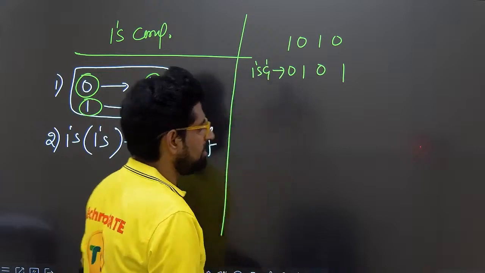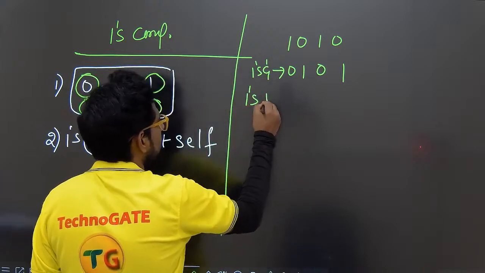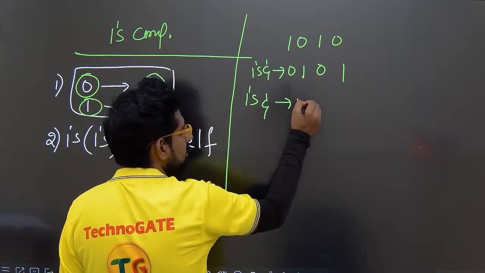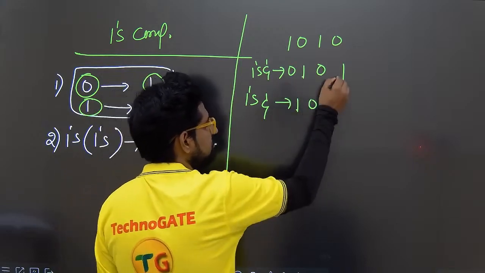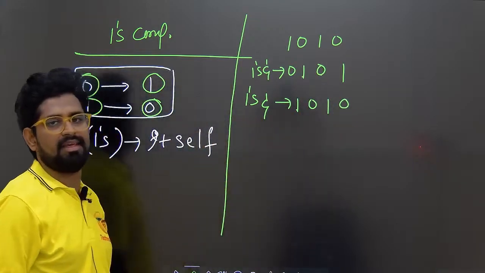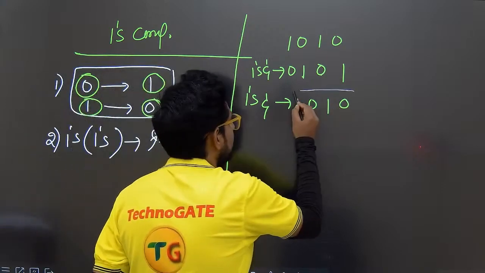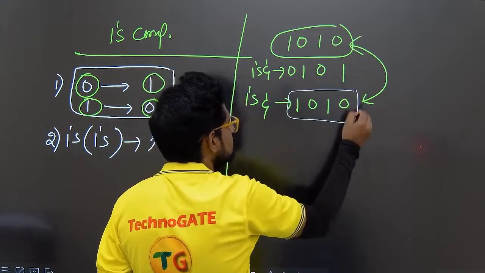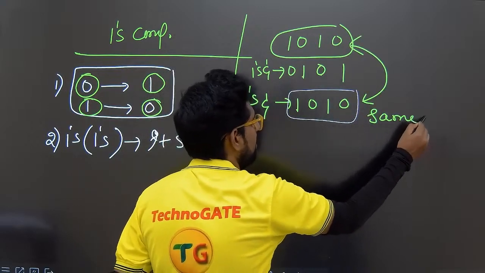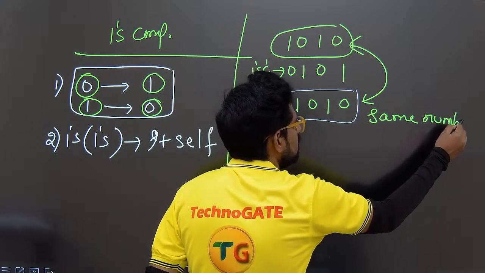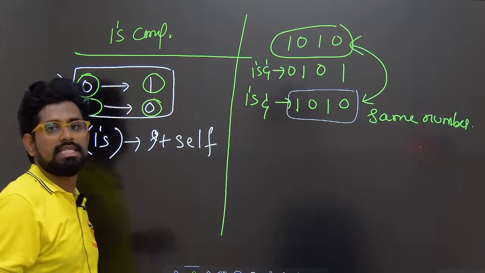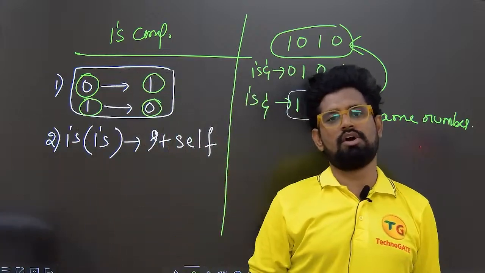So once again you do 1's complement, what will you get? 0 can be written as 1, 1 can be written as 0, 0 can be written as 1, 1 can be written as 0. So 1's complement of 1's complement, you will get itself, the same number, yes or no? Hence I wrote itself. This is the second rule in the 1's complement.